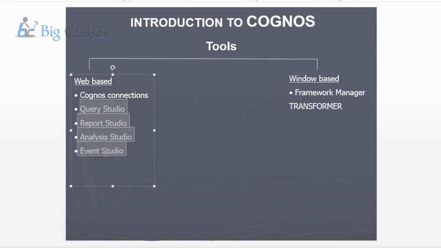Yes. Okay. So for that, here we have the Framework Manager application, a Windows-based application. In Framework Manager, what we do is we import the metadata from the database and we specify the join conditions between them, any predefined calculations, any predefined filters, and what security mechanisms we need to follow.